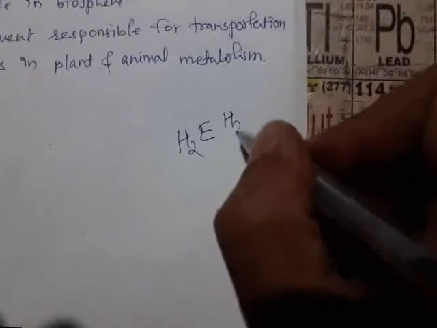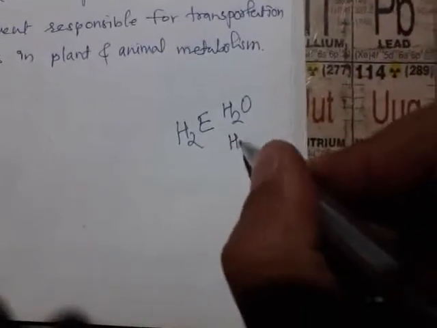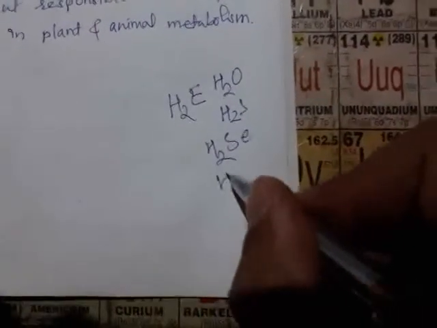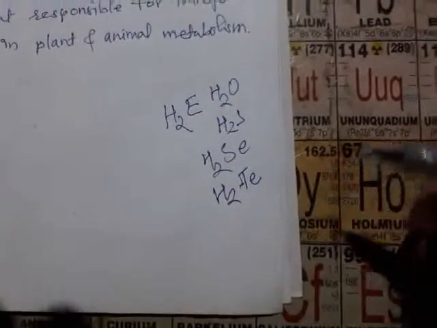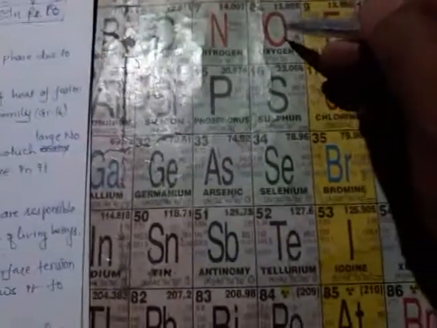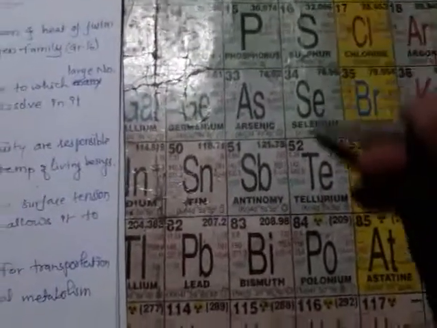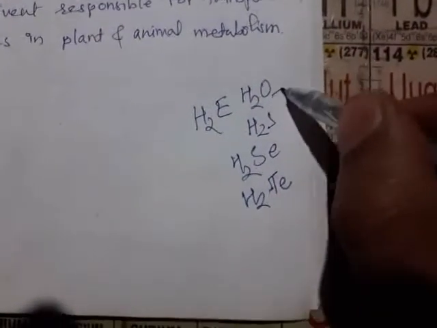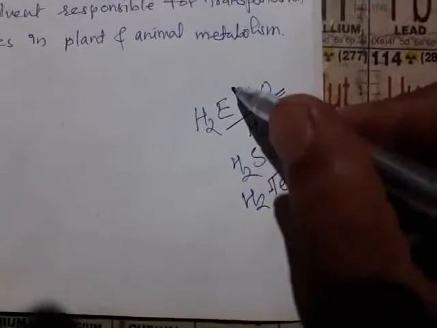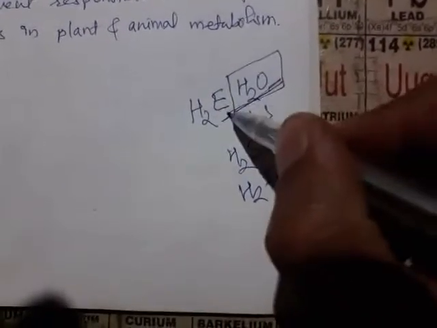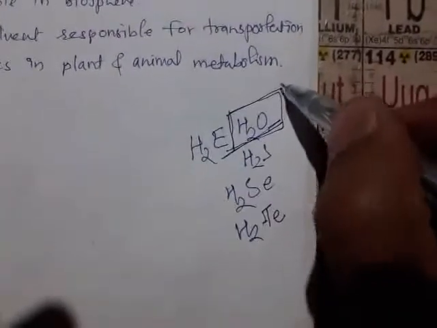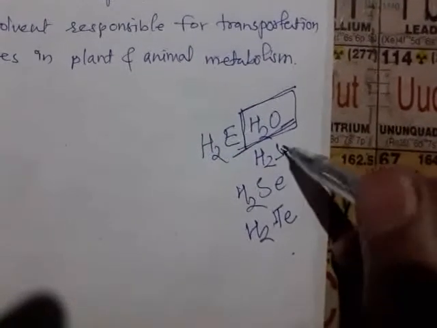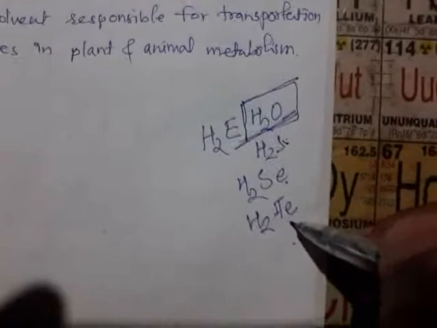So H2O is there, then H2S, H2Se, H2Te. But the boiling point, freezing point, heat of fusion and heat of vaporization of H2O, water, are very high compared to the rest of the family members, that is hydrogen sulfide, hydrogen selenide, then hydrogen telluride.